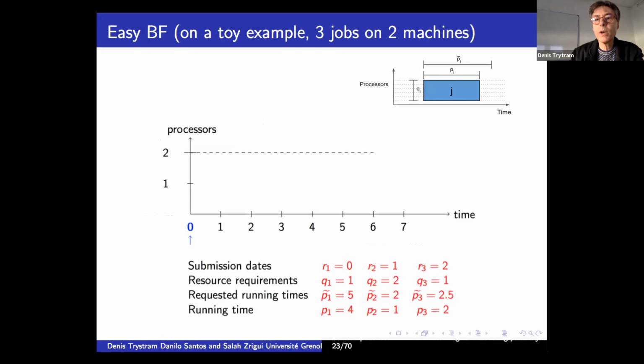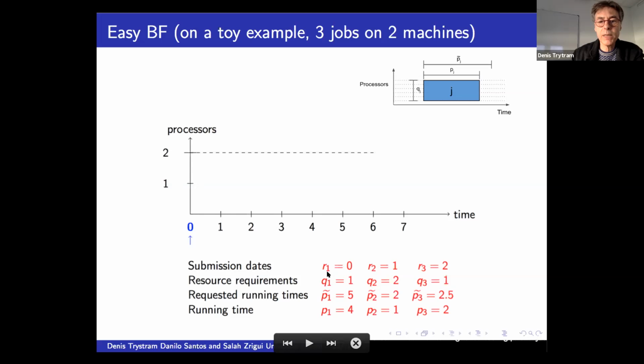So how does it work here? At the top right of the figure, you have a job J. The real duration of the job is called Pj, and then you have Pj tilde, which is the expected running time, and you have the set of resources Qj that is needed to perform the job. Let me consider only a very easy example with only 2 machines and 3 jobs. The 3 jobs are described here.